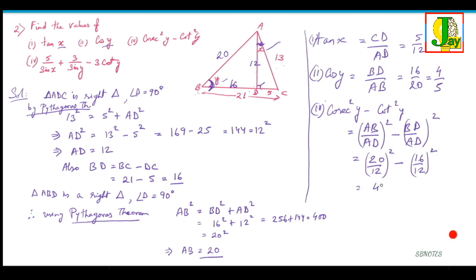So you get 20 square is 400 by 144 minus 16 square is 256 by 144. So LCM is 144. And you subtract, you get 144 by 144, that's 1. Erase this first part.